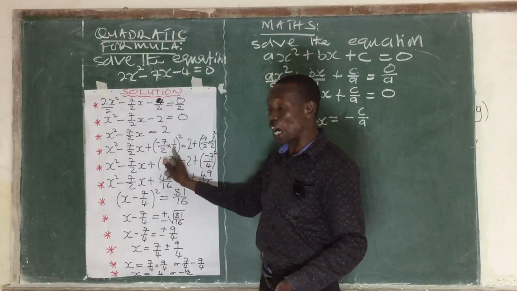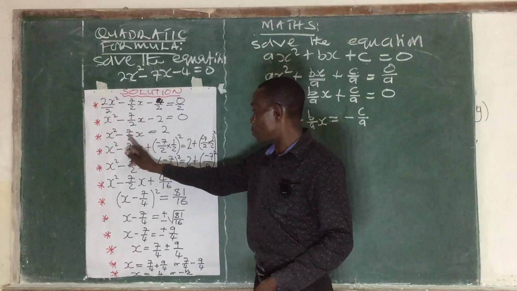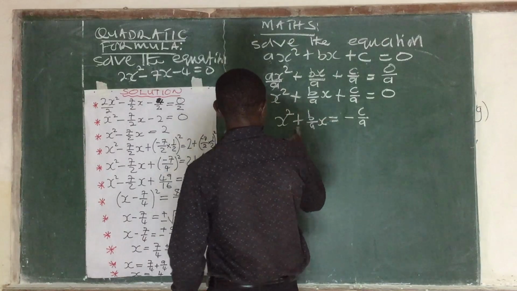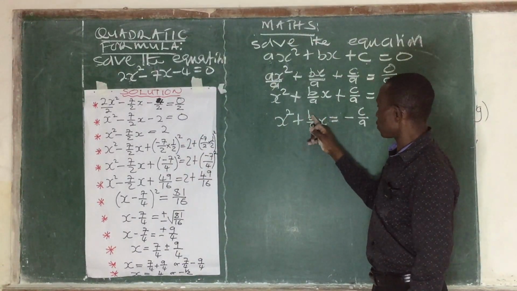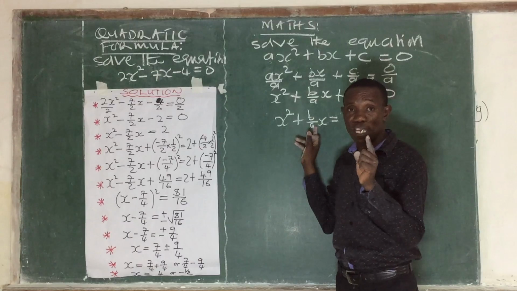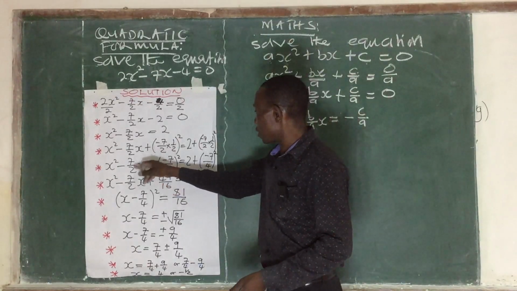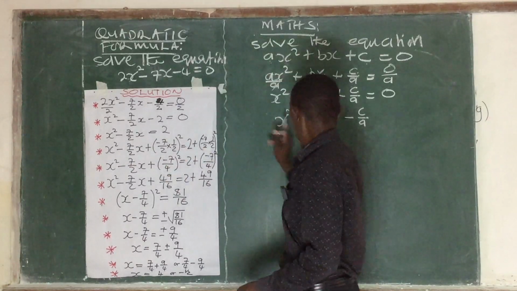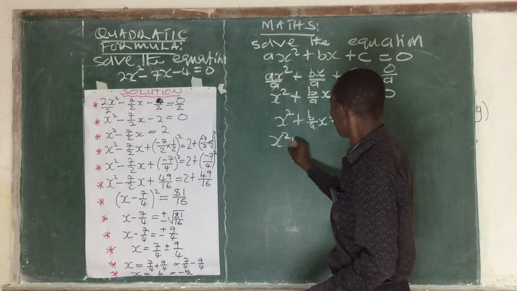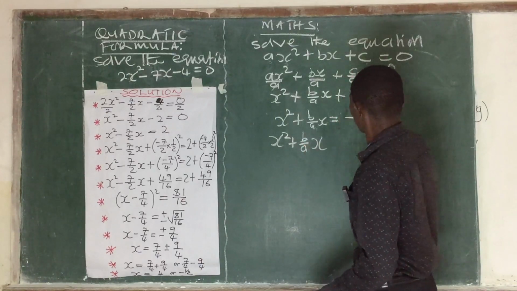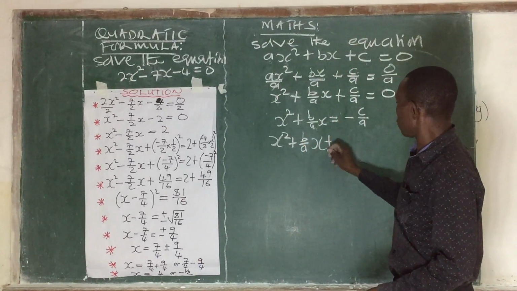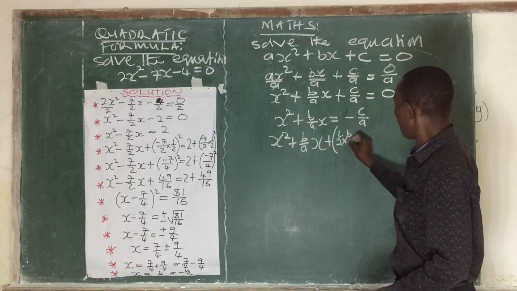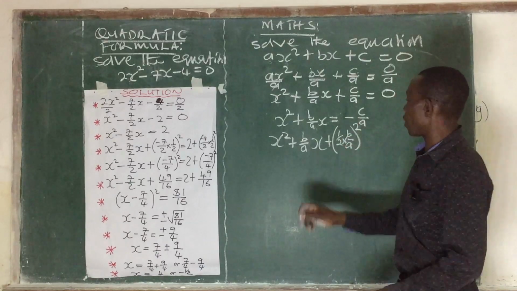That has to be multiplied by half, or divided by 2, and that is supposed to be added here. The same here again: we consider the coefficient of the non-quadratic term, which is B over A. That also should be multiplied by half. So here, negative 7 over 2 is multiplied by half, then you square it. The same here, we have B over A x, and that should be added with half multiplied by B over A, and that should be squared.